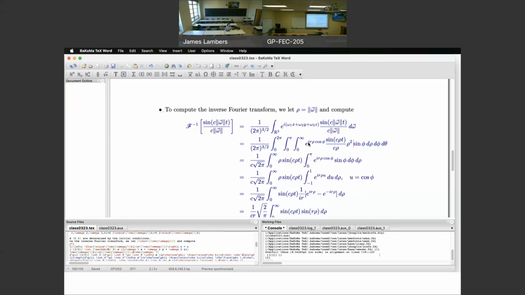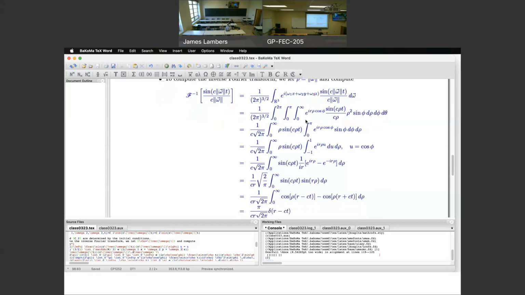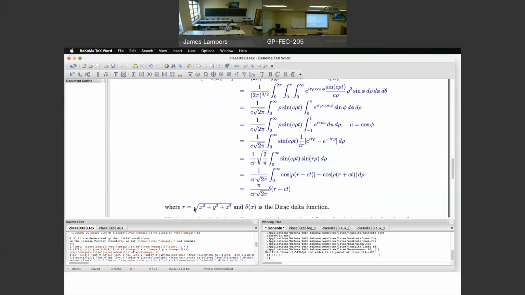Here we have when this is expressed in spherical coordinates for omega 1, omega 2, omega 3, and r is the magnitude of xyz in Cartesian coordinates. So r is the square root of x squared plus y squared plus z squared.